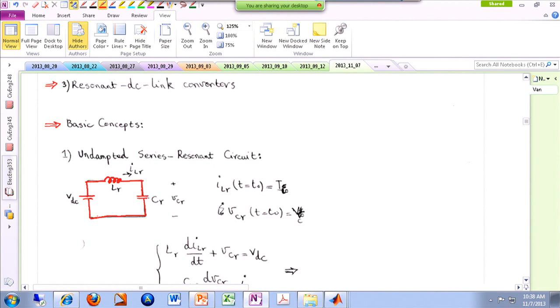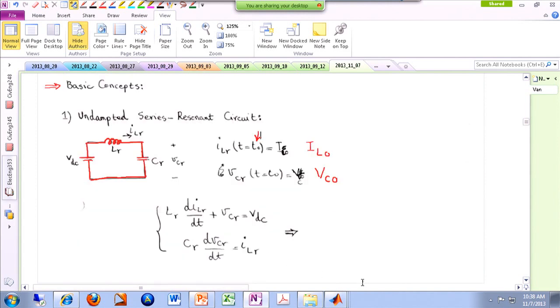Also we have the initial conditions available. The initial value of the inductor current at the time that the configuration formed like this was IL0, and the initial value of the cap voltage was VC0. So at t equals T0, all of a sudden, for instance, you had a switch somewhere or something happened, now you have this topology created.